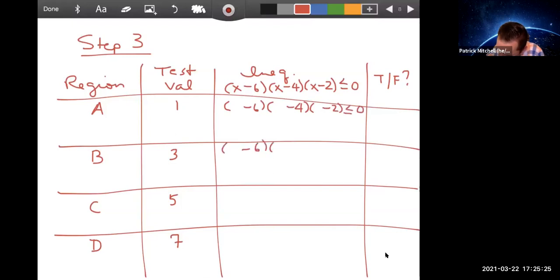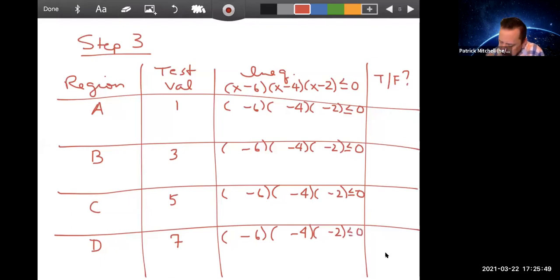I wish I could figure out a way to copy and paste when I'm writing stuff by hand. Okay, last one. And remember, there's going to be a number there. We're just taking out the x.